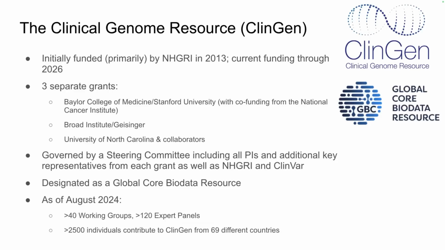I'm one of the PIs, and additional key representatives from each grant, as well as NHGRI and ClinVar, which we have a very close partnership with. It was designated as a global core biodata resource a couple of years ago, and as of August 2024, we have over 40 working groups, over 120 expert panels, and over 2,500 individuals from 69 different countries that contribute to ClinGen.